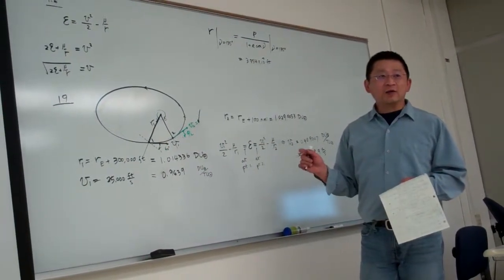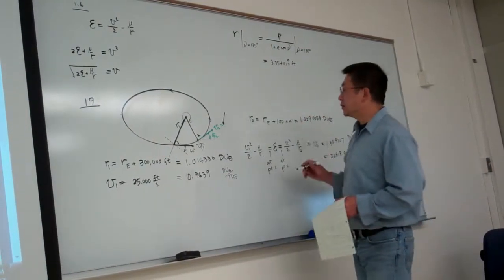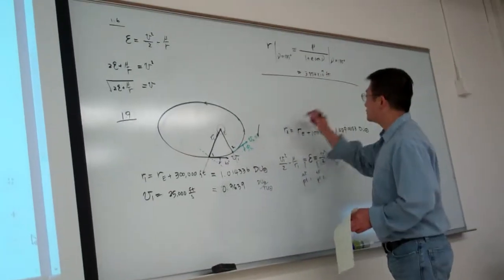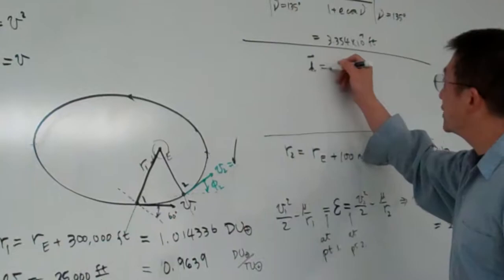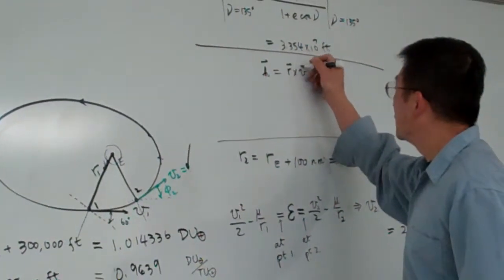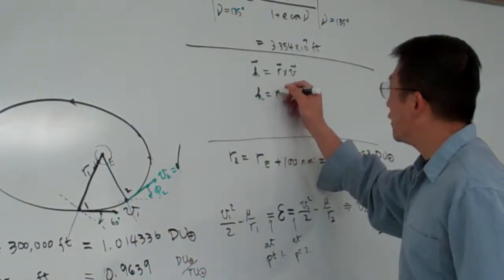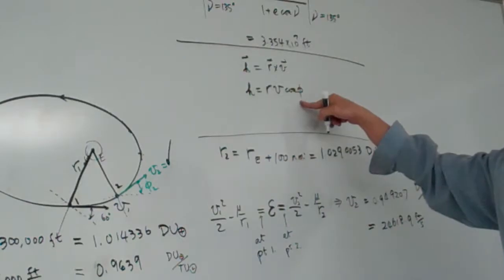The flight path angle is always related to the angular momentum. If you remember, the angular momentum is R cross V, or the magnitude is RV times cosine phi, where phi is our flight path angle.